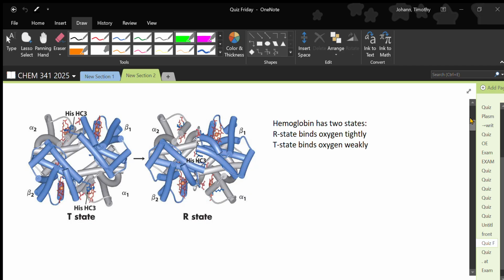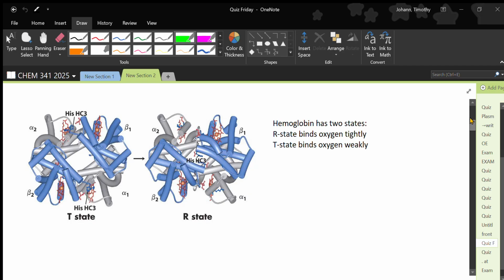But for our explanations of how these substances affect which state we're in, we're talking about carbon dioxide or protons, or 2,3-bisphosphoglycerate or O2. And carbon monoxide is different. Carbon monoxide and carbon dioxide are different. They bind to different places. How these things affect this depends on the differences in the states.